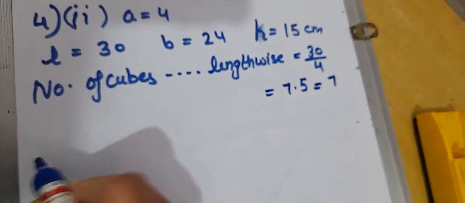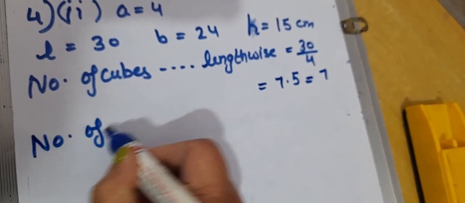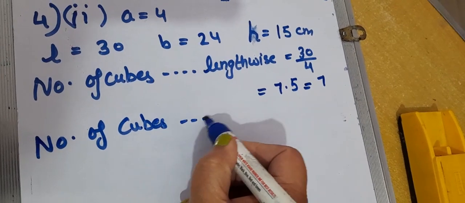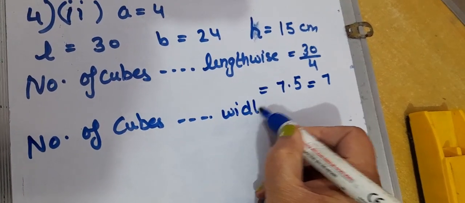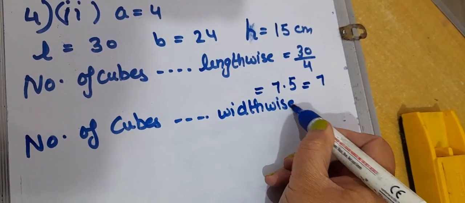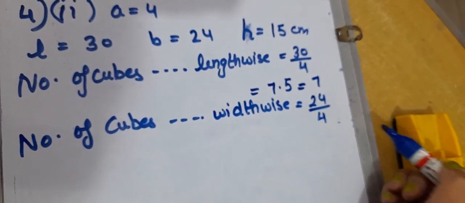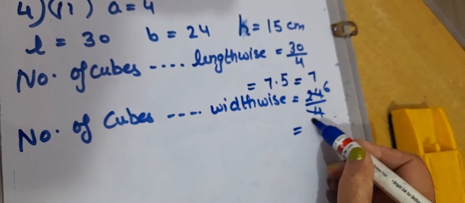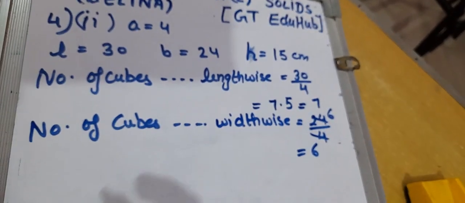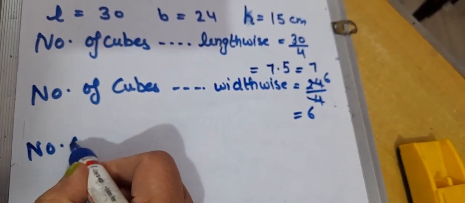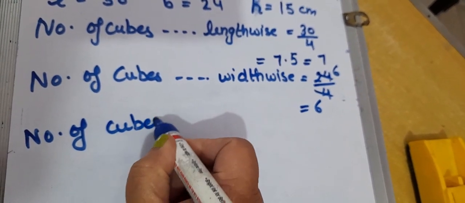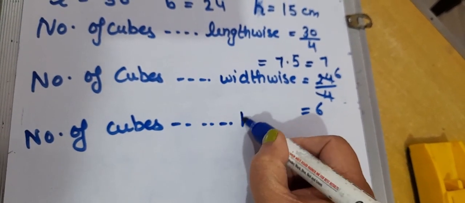7. Now the number of cubes that can be placed widthwise or breadthwise will be equal to 24 divided by edge of each cube 4. So it comes out to be 6. It is a whole number, so no need to worry. Next is the number of cubes that can be placed heightwise.